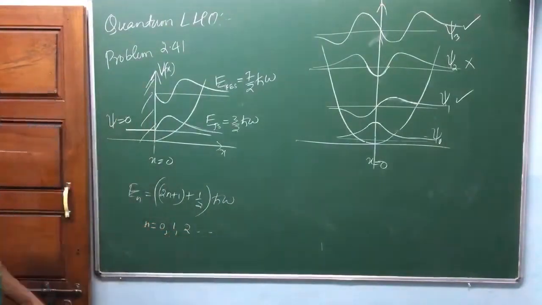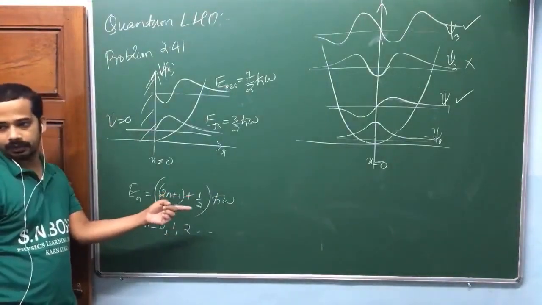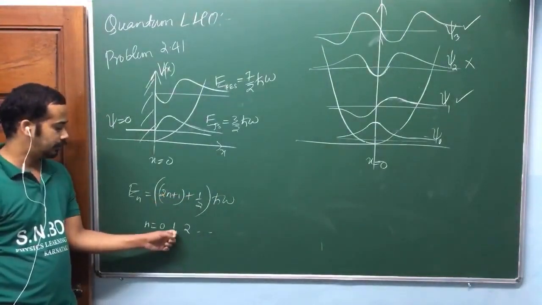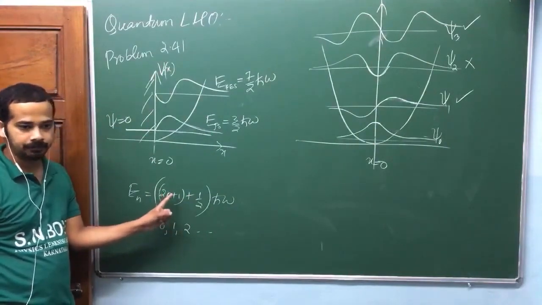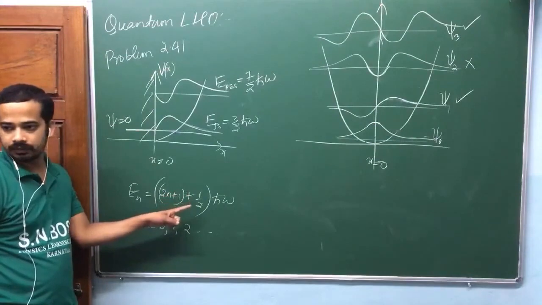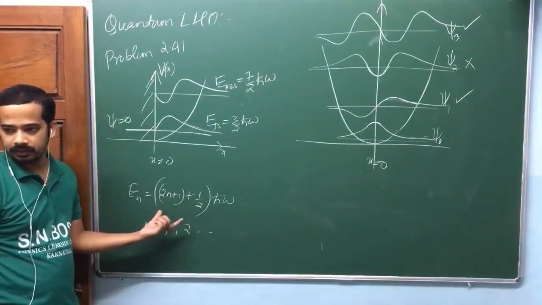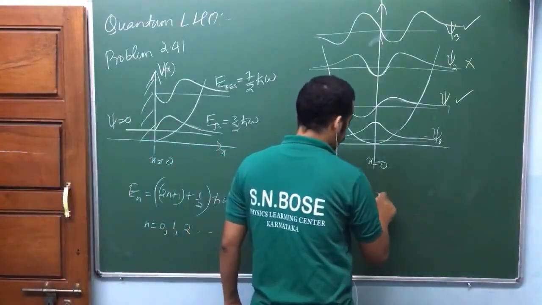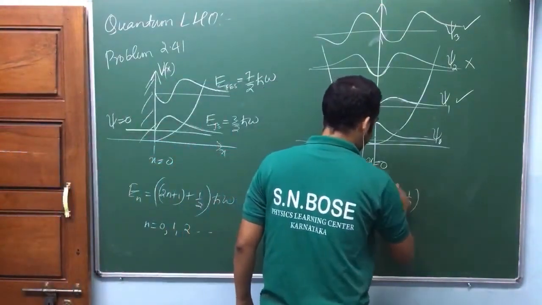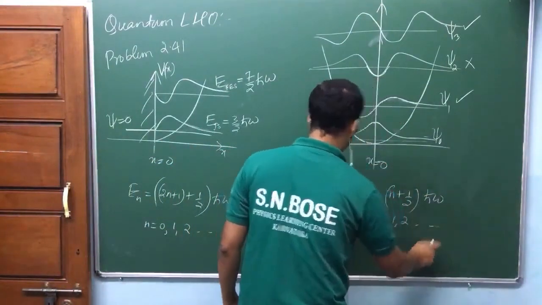Check this out. If you put n equal to 0, half plus 1, that is 3 by 2 h bar omega. If you put n equal to 1, 2n plus 1 is 3, plus half, 7 by 2 h bar omega. I have just redesigned it. Earlier you had En equal to n plus half h bar omega, with n equal to 0, 1, 2 and so on.